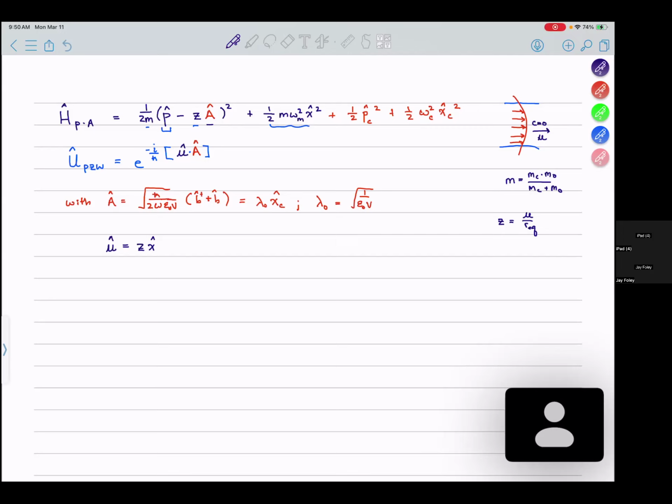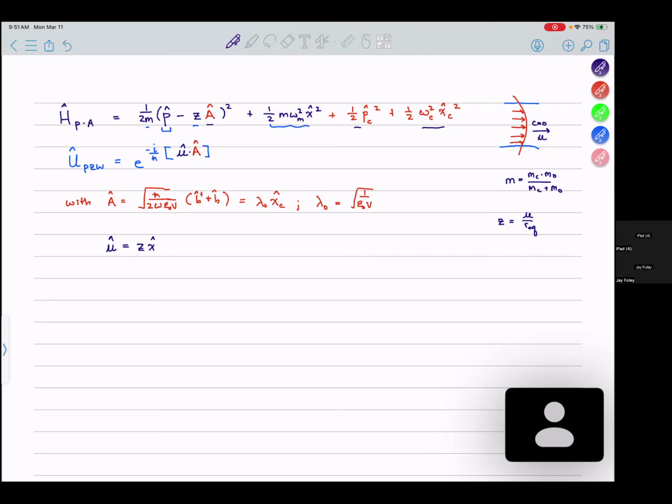And then I have the basically harmonic oscillator states of the photon, which I've written right now as 1/2 p hat sub c squared for the photon operator for the cavity mode, plus 1/2 omega c squared, so that's the cavity frequency squared, times x hat sub c squared, so that's the position operator for the photon. Okay, so I've tried here to write all of my matter terms in purple and my photon terms in red.